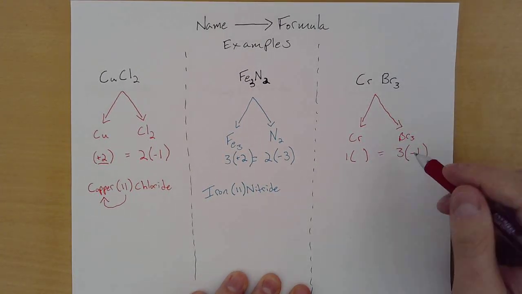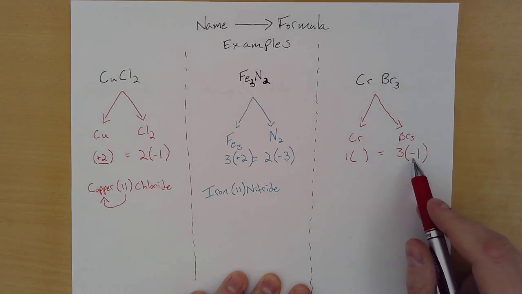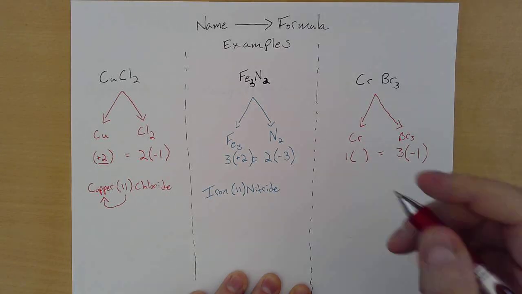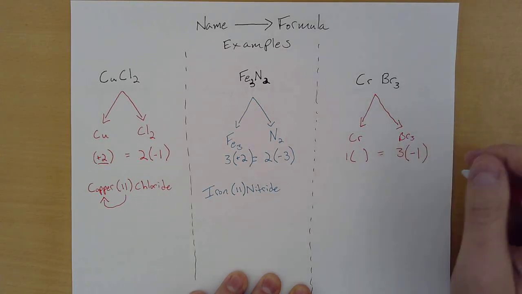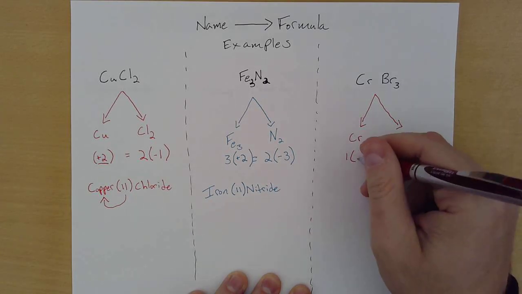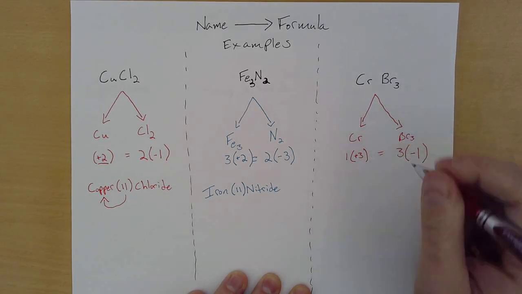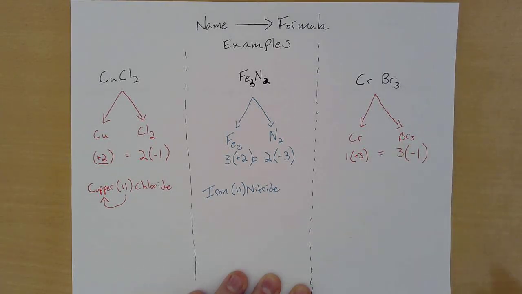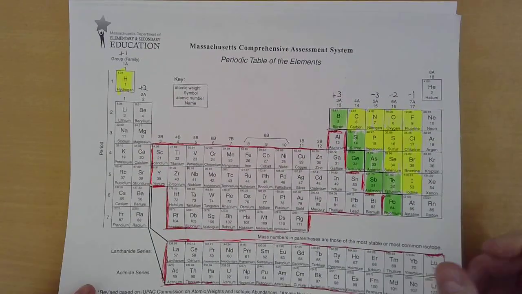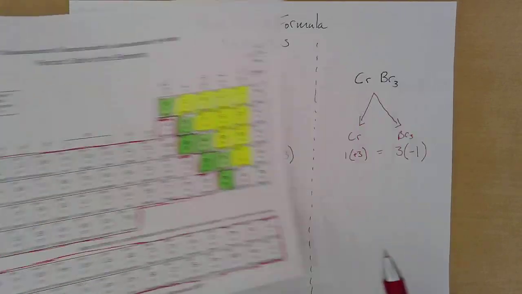Now let's take a peek. So 3 times -1, so we're going to say it's -3. So 1 times whatever this ends up being needs to equal 3. So -3 needs to equal +3 on this side. There's only one of them, so it balances out right away. Now Cr, looking at my periodic table again, is chromium.